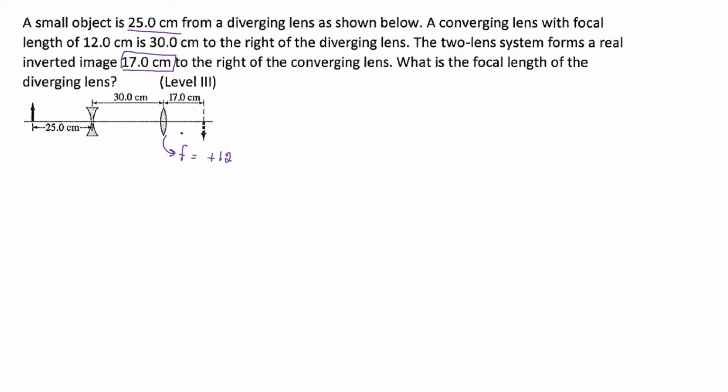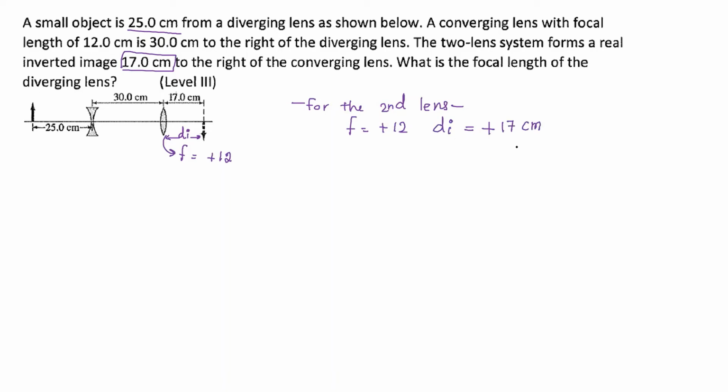So they have given the di of the second lens, right? They have given the final image distance. So for the second lens, these are the things that they have given. They say that f is plus 12, di is plus 17.